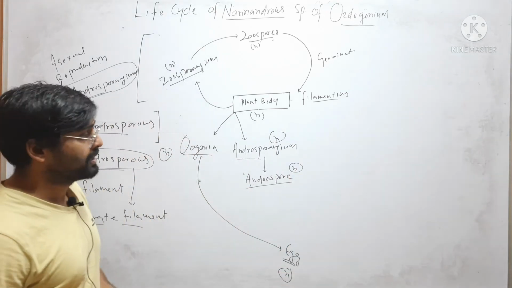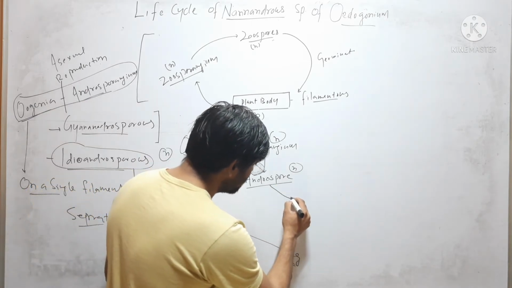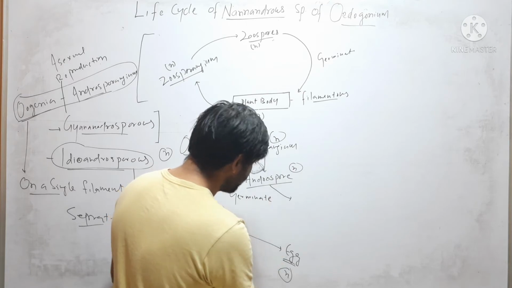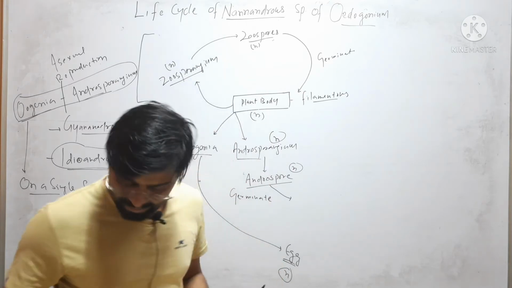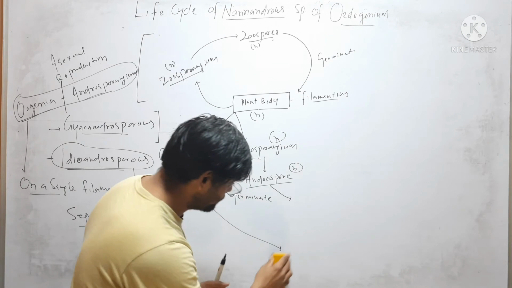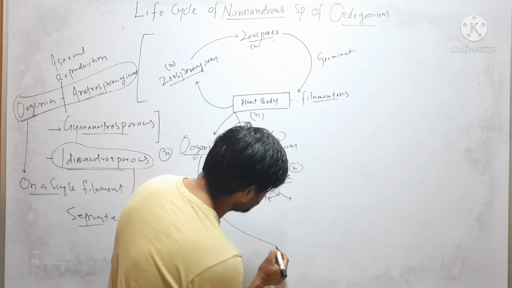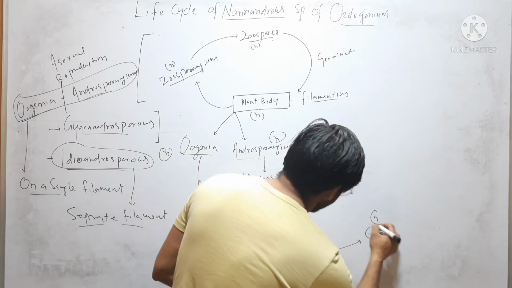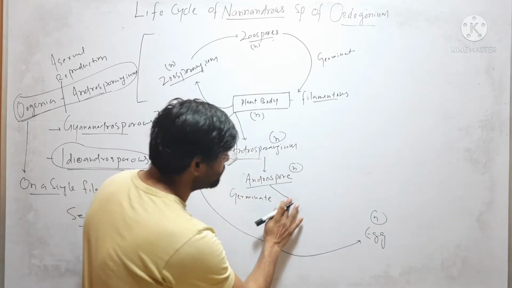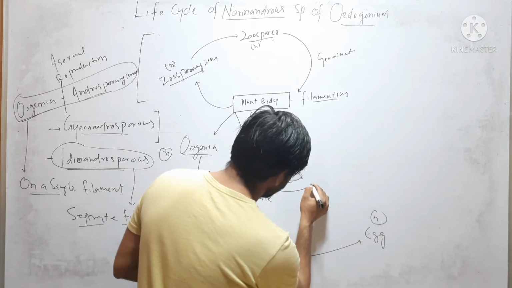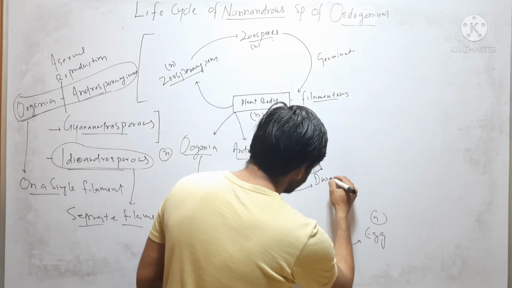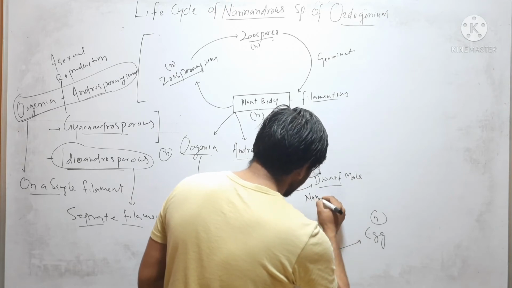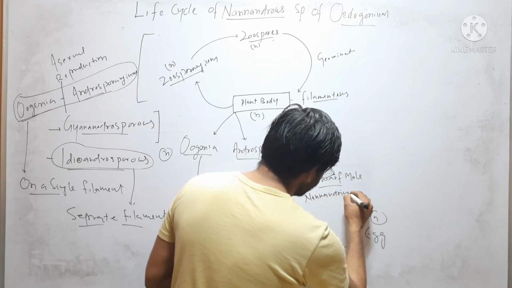This androspore then will germinate and form dwarf male, or it can also be called Nannandrium.